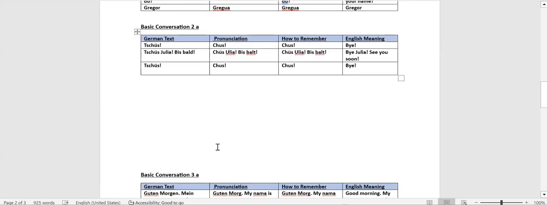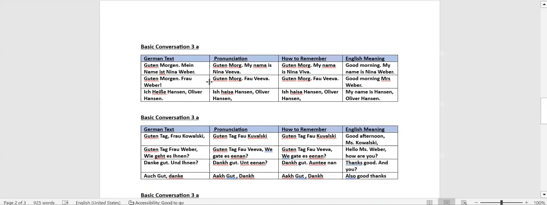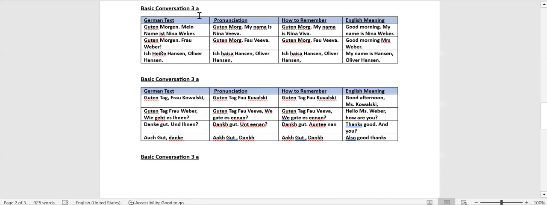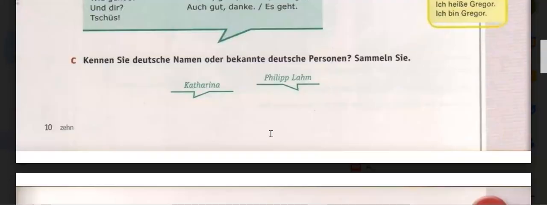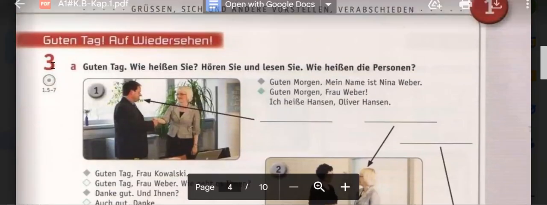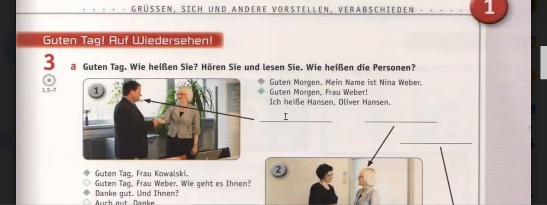Alright, so let's move on to the next part, which is the conversation 3A. In our textbook, if you have the textbook handy, you'll have to go to 3A. And this is what I'm going to describe now.